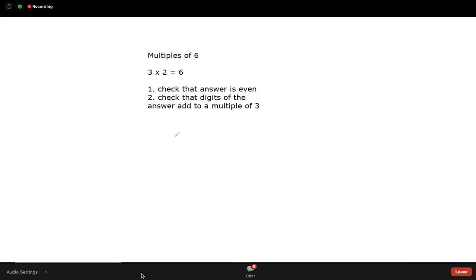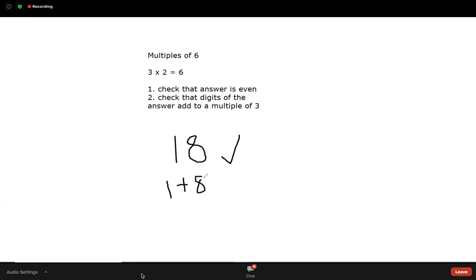So let's look at a number like 18. To see whether 18 is a multiple of 6, we're going to do both checks. So we're going to start with the first check to make sure that it's even. So the last digit is an 8, and 8 is an even number, so it passes the first check. And then the second check is adding both of these digits and seeing if they're equal to a multiple of 3.